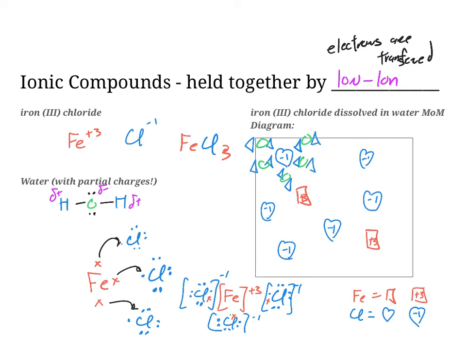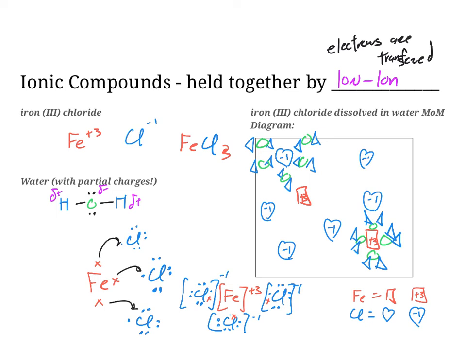Note how the positive part of water is being attracted to the negative part of chlorine. And then when I look at the iron, I would do something that looks like this, where the negative part of water is being attracted to the positive part of the iron.